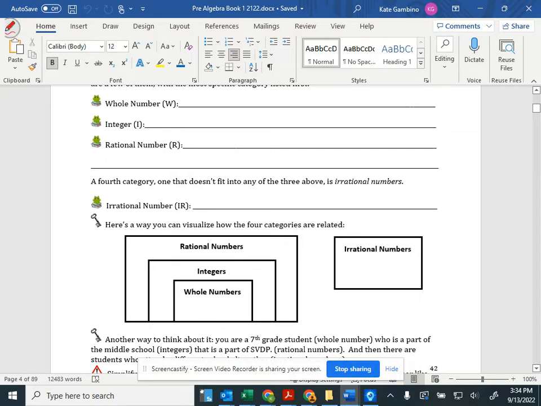So we have our whole number, which is a positive number, not a decimal or fraction. So the number has to be positive and it cannot be a decimal or fraction. Then we're going to get a little bit broader with our integer.